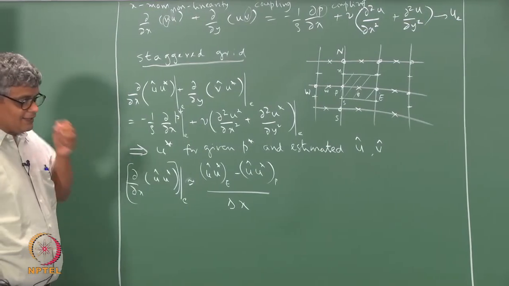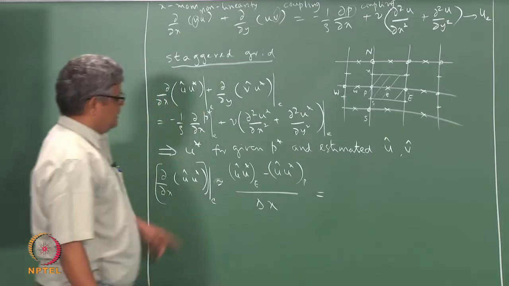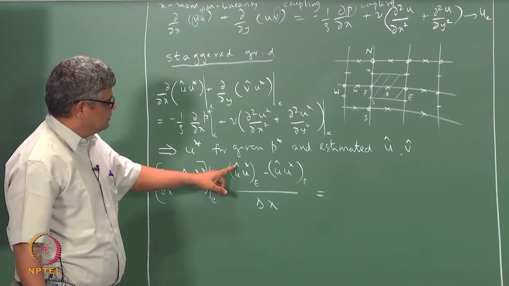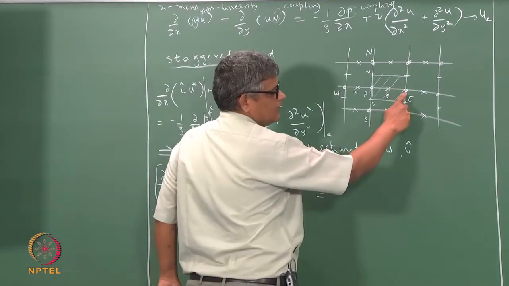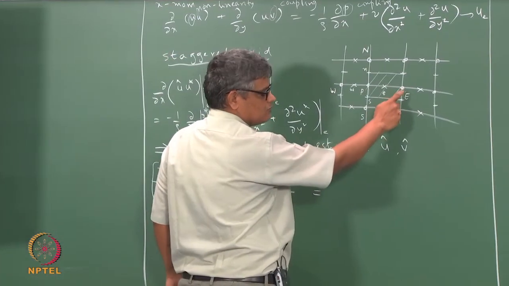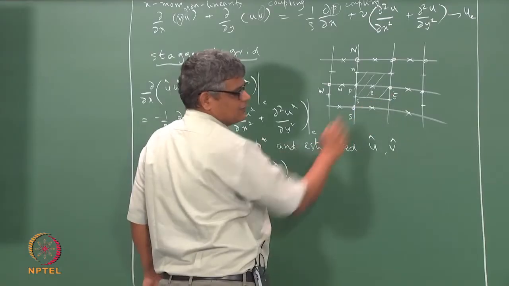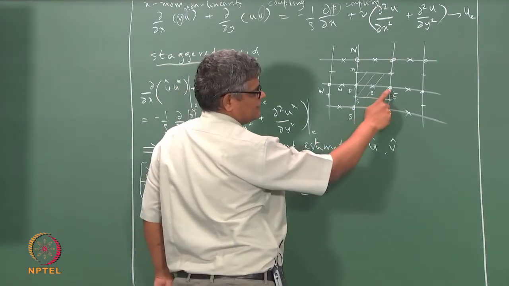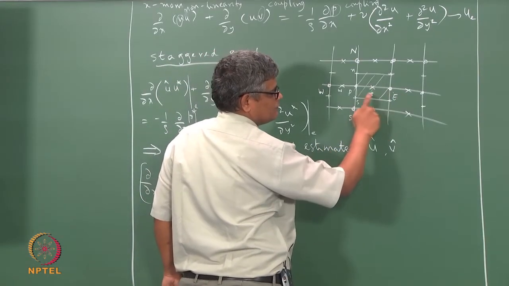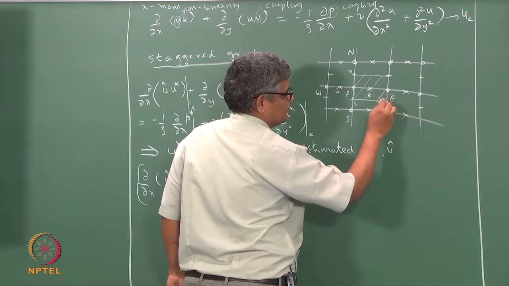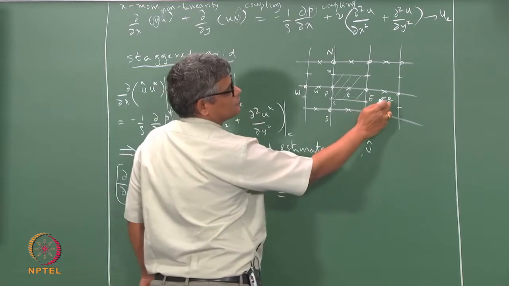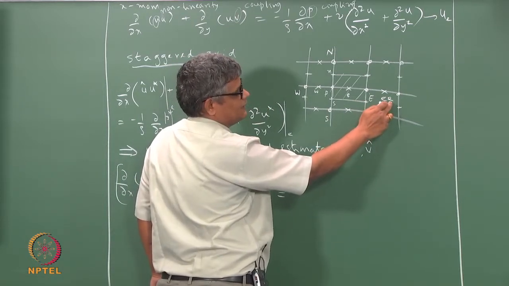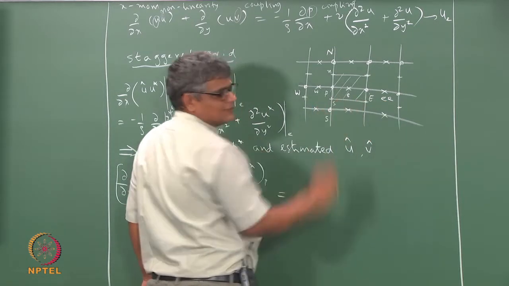Now, in this case we need to know what u hat at capital E is. U hat at capital E is not known because we do not know what u at capital E is, it is not evaluated, but we can say that u hat is the average of this point and this point, which we can call EE, the next point to the east of this.